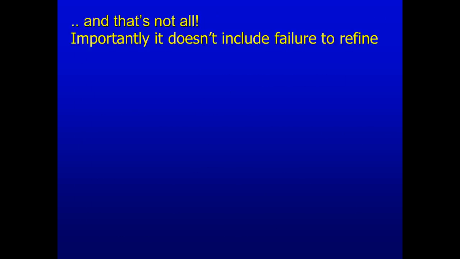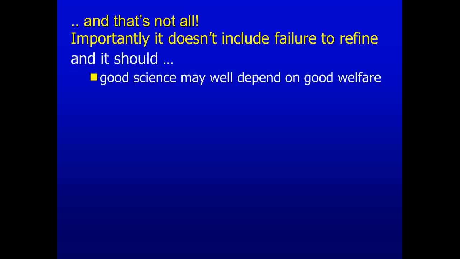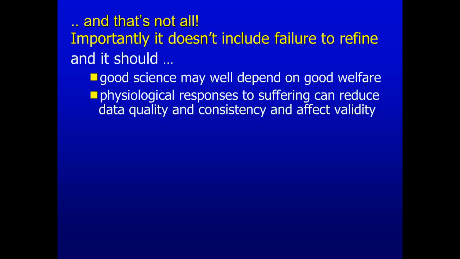And of course, none of those include this failure to actually go to the minimal severity. But this is an important element because good science depends upon good welfare. Physiological responses to suffering may change the data quality, consistency, or validity.